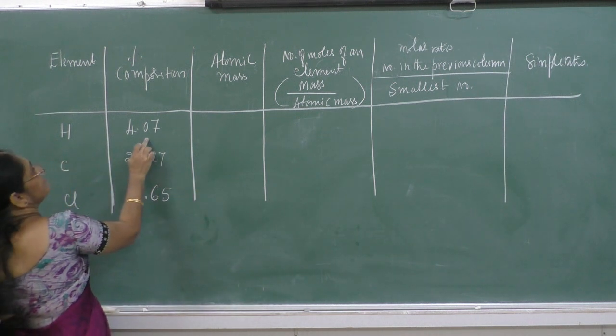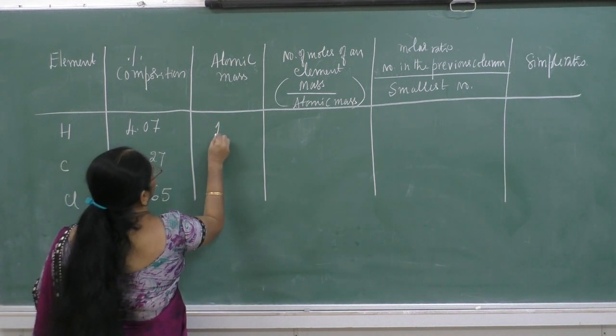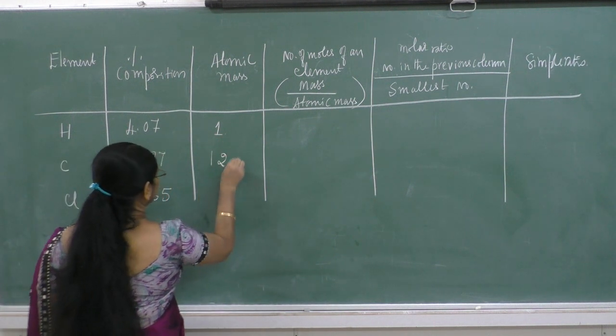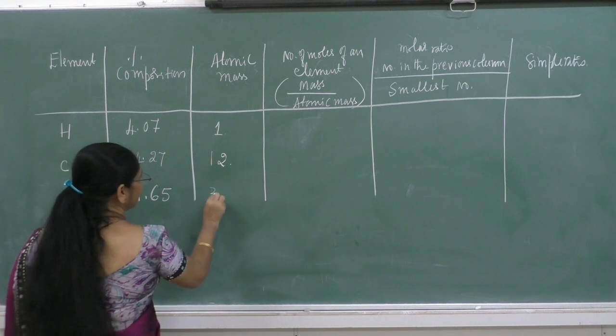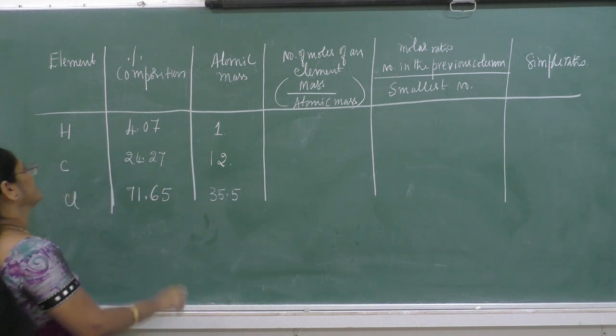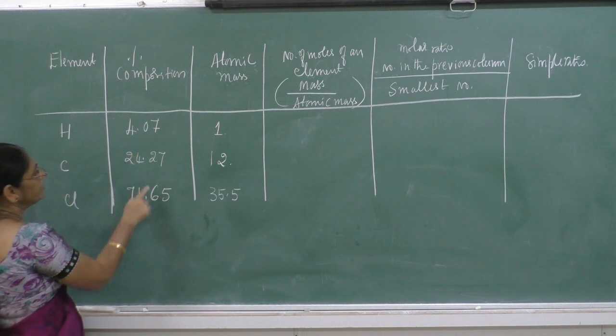The atomic mass of hydrogen is 1, the atomic mass of carbon is 12, and the atomic mass of chlorine is 35.5. This is given in the problem.